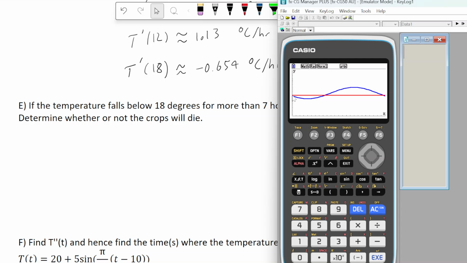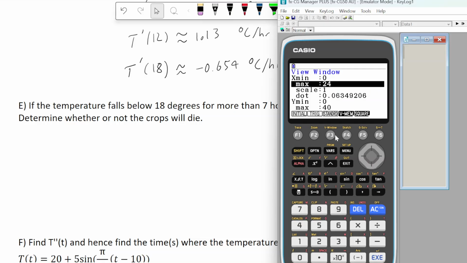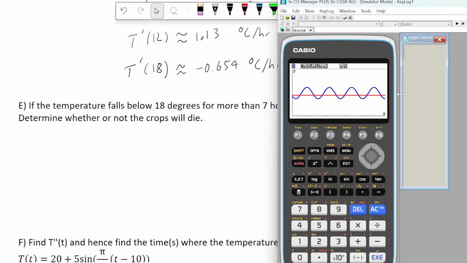Now, if you see that line at 18 there, it actually does sort of go off to the left. And I'm actually being a little bit cheeky with this question because we could go up as high as we want and do lots and lots of different days, like heaps of days. But basically, we want to know how long this period is when it drops below. So you could go and intersect those two lines and you'll get those times.